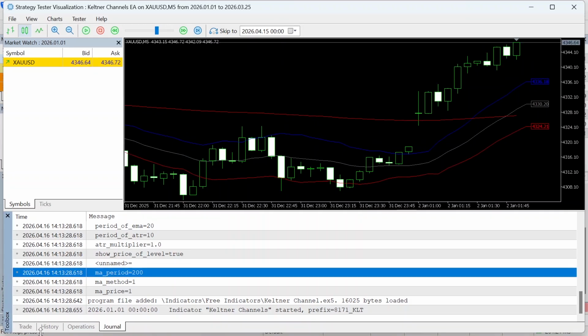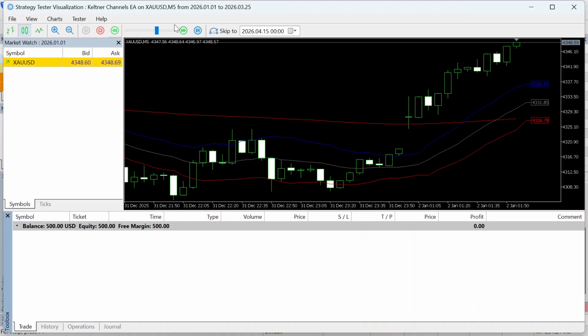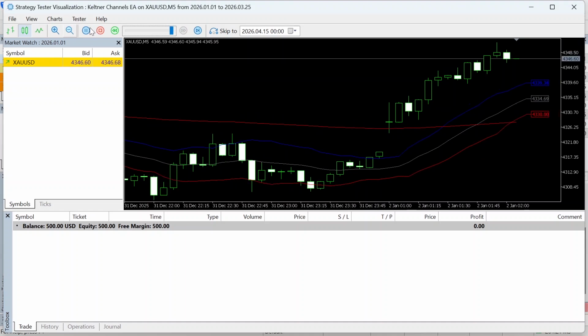So we are still not having a position, and that is because the last time the candle opened and closed outside the Keltner line, it was still done on the buy side. So now that is why we are not having a position. So let me just increase this, then we wait.